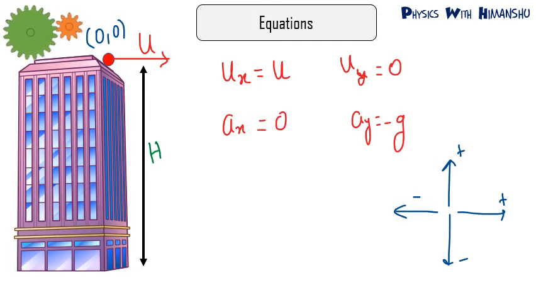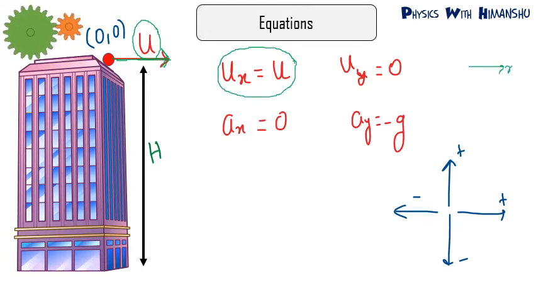If we throw a ball in the horizontal direction from the top of a building with velocity u, you will see initially the ball is traveling in the horizontal direction. So initial velocity in x direction will be equal to u, because this is the x direction and this is the y direction. And initially the ball doesn't have any vertical motion, so initial velocity in y will be equal to 0.